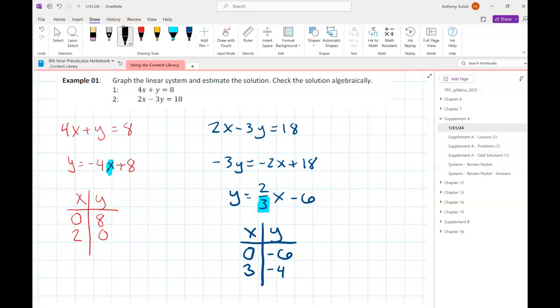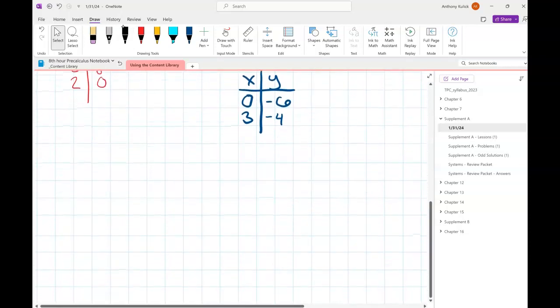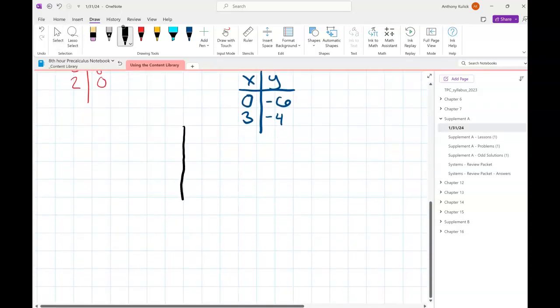Everybody feels so far so good? This is like Algebra 1 algebra, but we've got to do it. All right, let's plot some points. 1, 2, 3, 4, 5, 6, 7, 8.